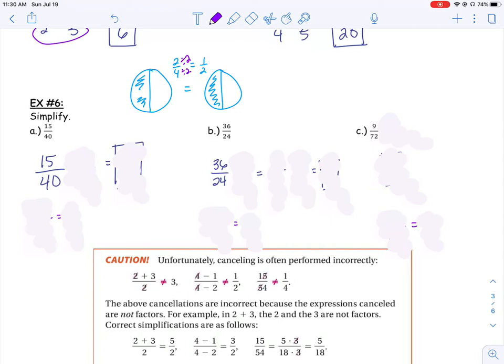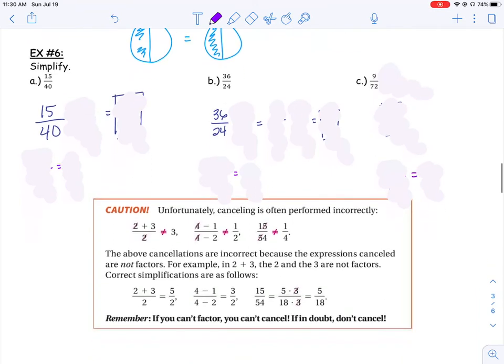Okay? So let's do some examples of that. If you look at example number 6, it asks us to simplify the fraction 15/40. What we want to do is see if we can break down this fraction into a smaller version of itself. So can we figure out what factors are the same factor of 15 and 40? What number divides into 15 and also divides into 40? How much can we reduce it by?